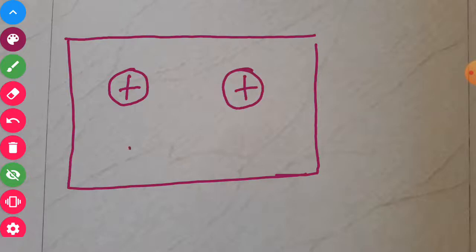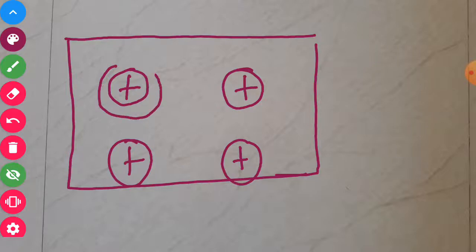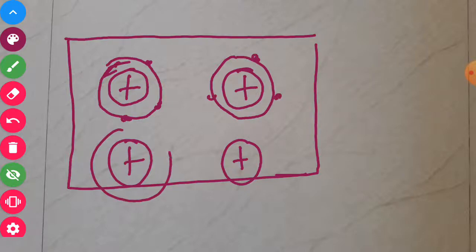I'm just showing 4 here to make it clear. Now these are the nuclei. In the outermost orbit, say this is aluminum metal, so there will be 3 electrons.